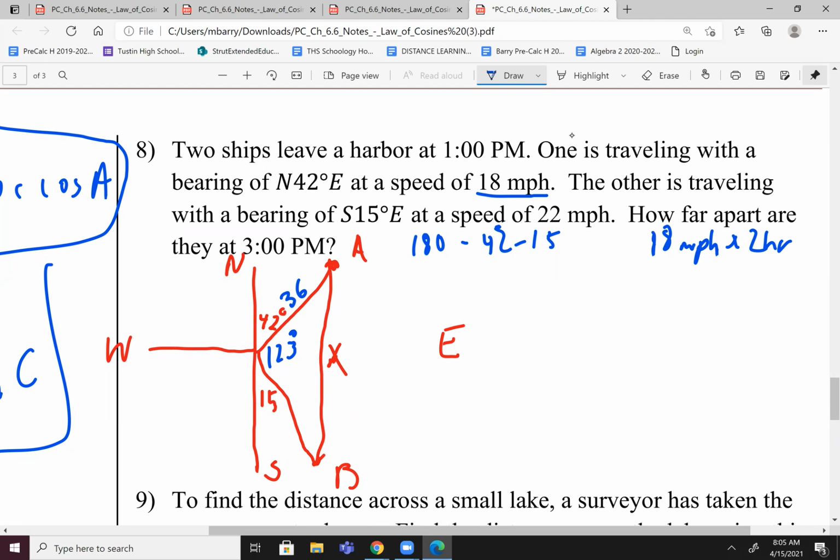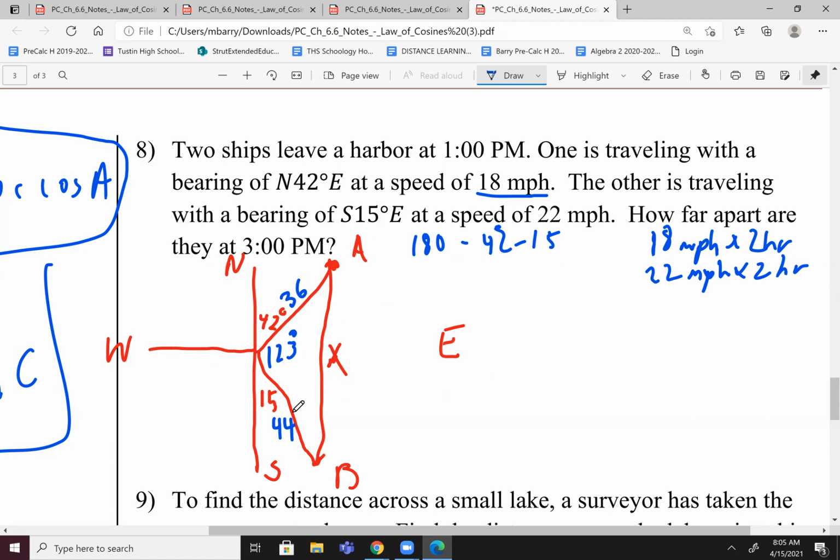Same deal for the other one. Boat B is going 22 miles per hour, also for 2 hours, and so that would be 44. Okay, so we know a side, angle, side here.